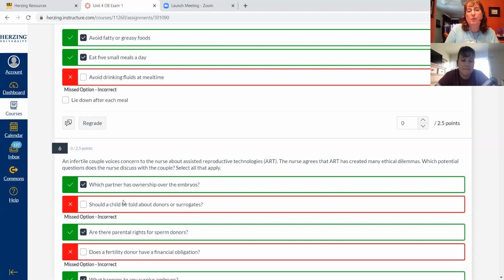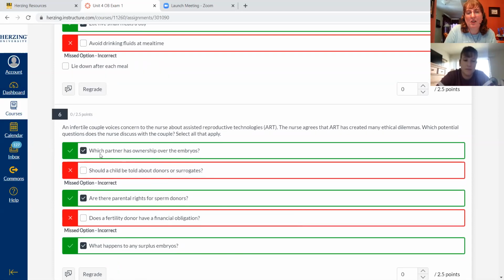But when you look at these, it makes sense because when you're talking assistive reproductive technologies, you're thinking, here's someone who is my surrogate, or here's someone who is my sperm donor, or there's all these different ways that you can get a baby, so all of these things would be an ethical issue. Which partner has ownership over the embryos, should a child be told about donors or surrogates, all of these things. Does that make sense? Yeah. Okay.